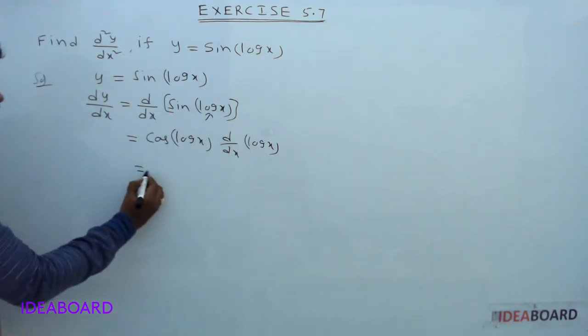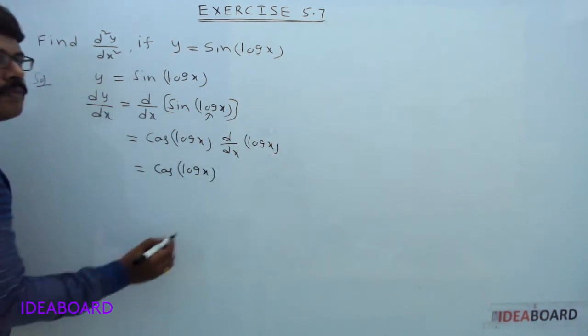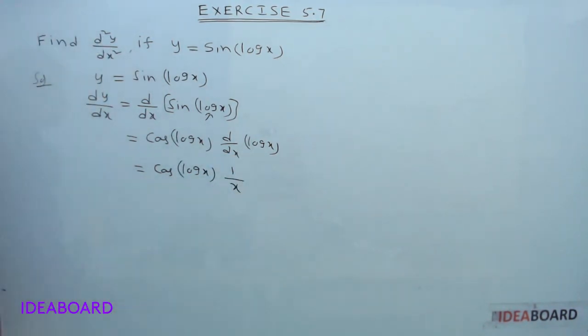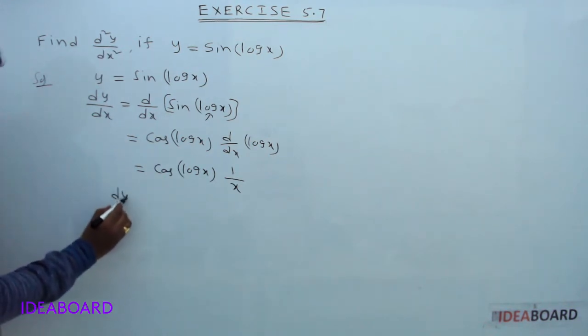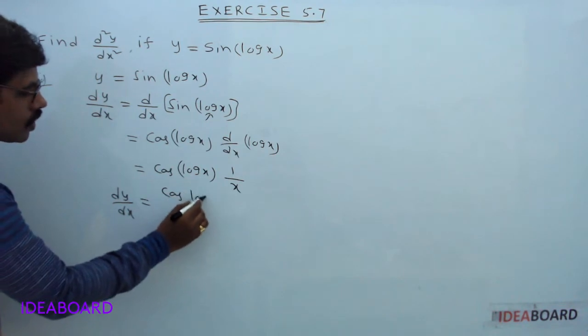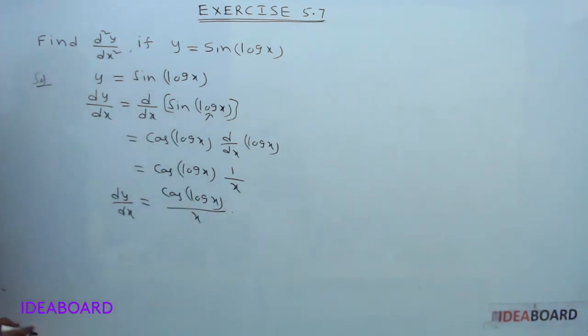Now this equals cos of log x into the derivative of log x, which is 1 divided by x. So therefore dy by dx is equal to cos of log x divided by x.